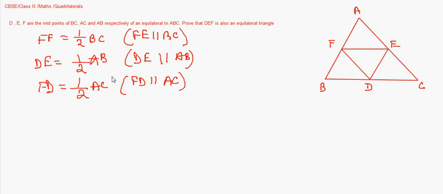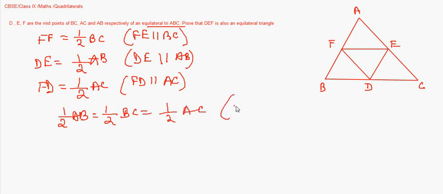It had said that AB, BC, CA are all equal, right? It's given to be an equilateral triangle. So half of AB will also be equal to half of BC, and equal to half of AC, since AB is equal to BC is equal to AC. What is half of AB?